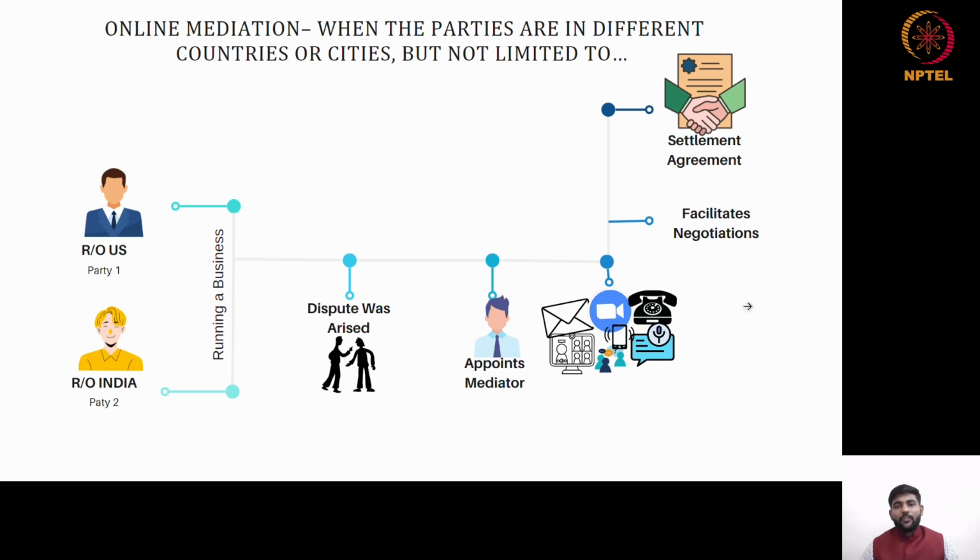In fact, the parties may be from different continents. One person sitting in the US is party 1, a resident of the US, and party 2 is a resident of India, who were running a business. When a dispute arose between them, on the mutual consent of both parties, a mediator was appointed, and they can use information and communication tools like emails, video conferencing, audio conferencing, desktops, mobile phones, and text-based tools.